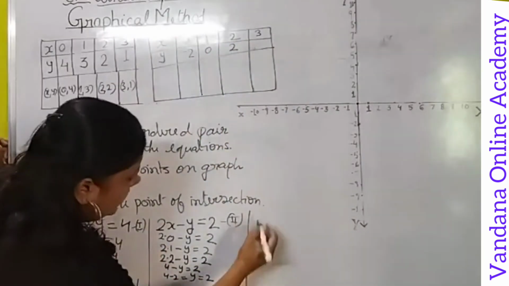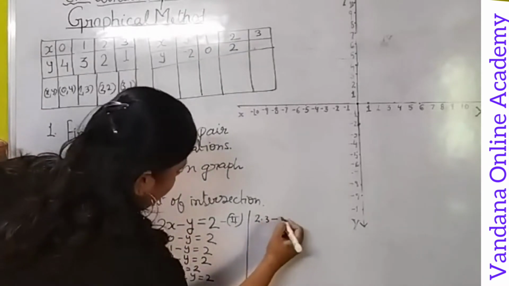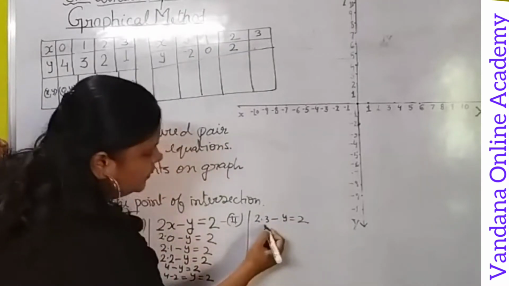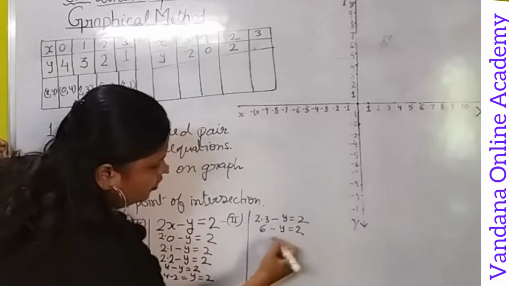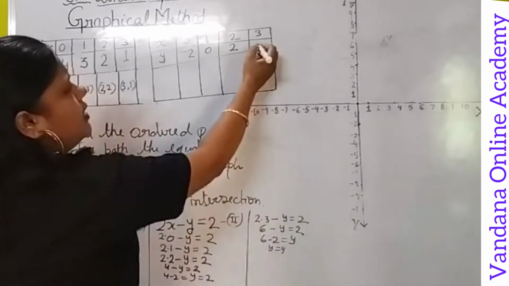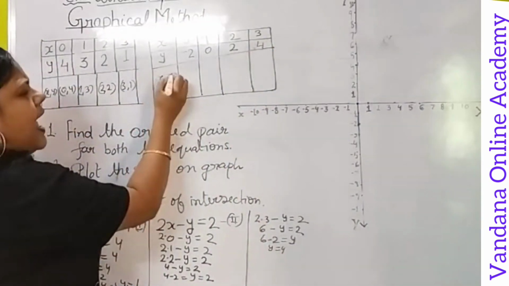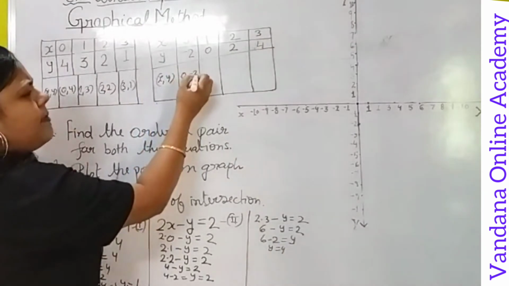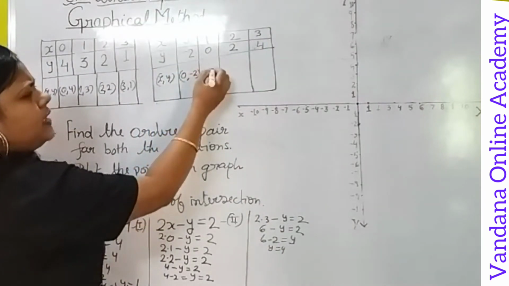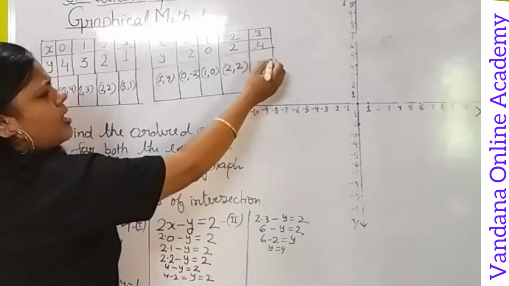Now again we will put the value of x is 3. 2 into 3 minus y equals to 2. 2 3 is 6 minus y equal to 2, or 6 minus 2 equals to y. So y is equals to 4 we get. So here we will write 4. So what are the ordered pairs? x comma y is 0 comma minus 2, 1 comma 0, 2 comma 2, 3 comma 4.